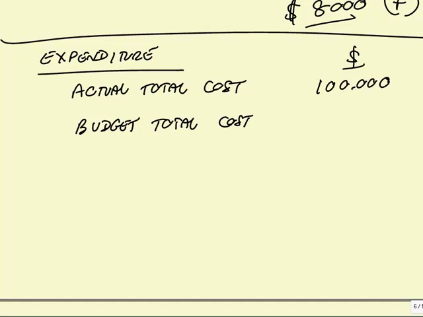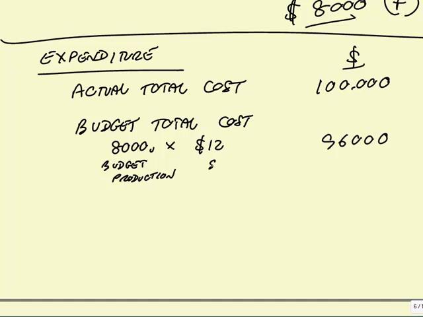That's the budget production times the standard cost per unit of 12. We must have originally budgeted on 96,000. All right? Sorry being slow, but although we can all learn a rule, do make sure you're clear where the numbers are coming from.